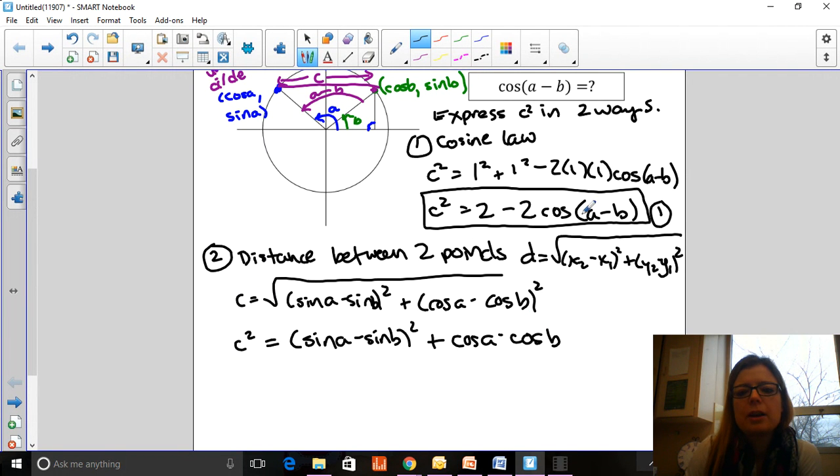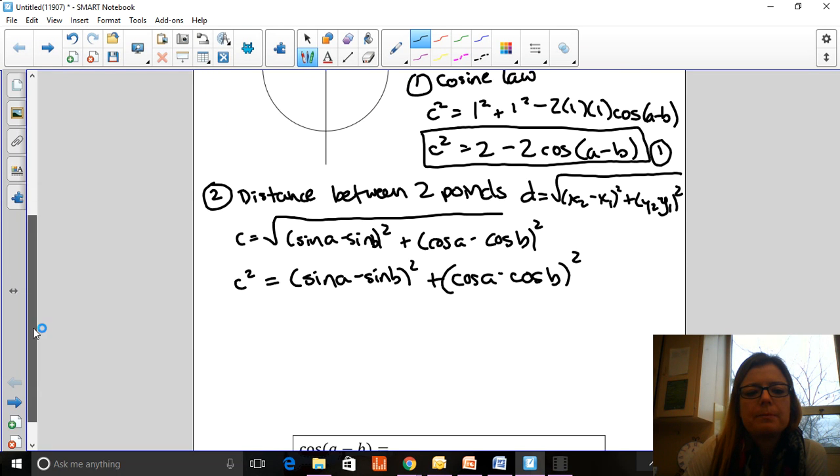Okay, so at this point, I could put these two equal to each other since they're both in a form of c squared, but I'm going to simplify this first because I want to boil it down a bit further.